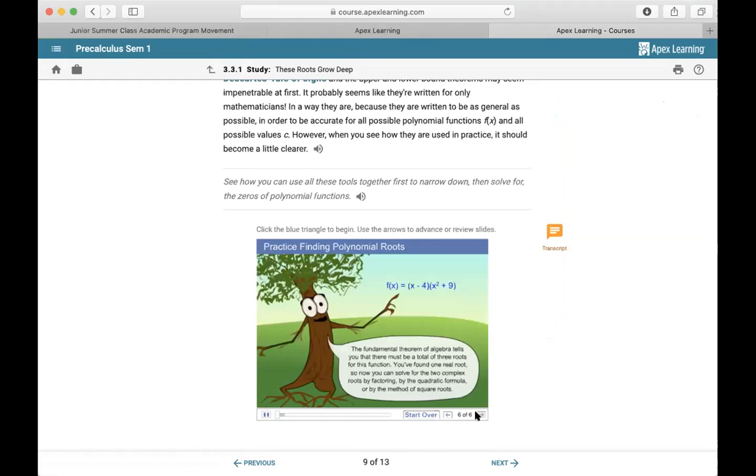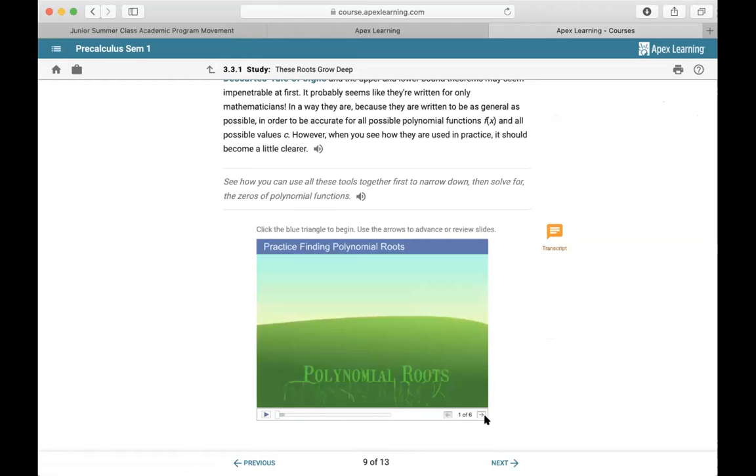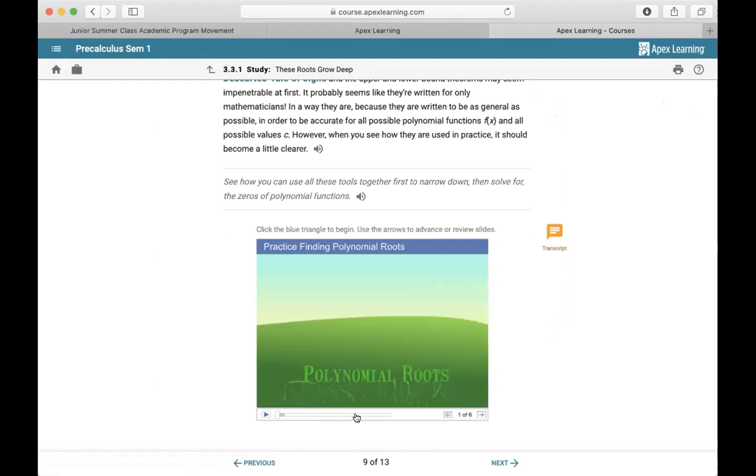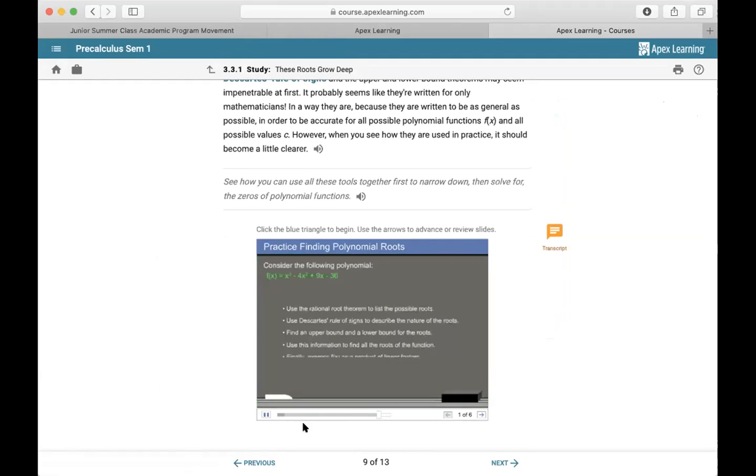If we start this over, the main thing I want to highlight here is the steps. You use the rational root theorem, the P over Q, to figure out all potential roots. Then, if we don't have the graph, we look at our equation.